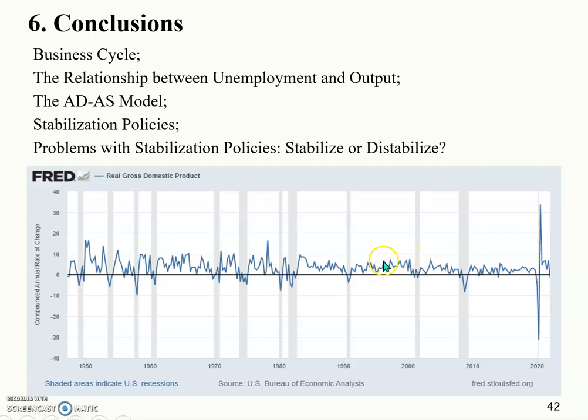So from this point and after that, you find less fluctuation in both ways. In other words, we barely see the economy grow more than 10%. Probably the only exception here is right after the pandemic. We also barely see the economy shrink by approximately 10%.